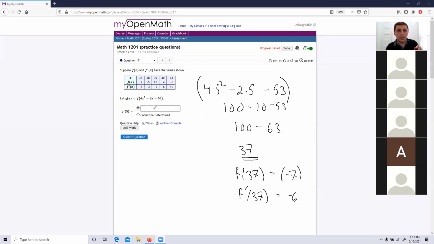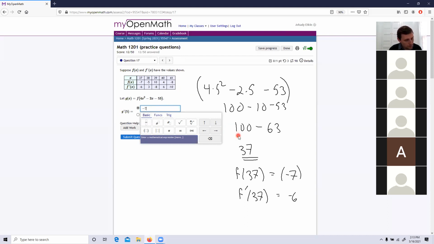So what do we write here? We can write here simply minus 7. So g is just f of 37. So sorry, not minus 7. So we want to take g prime of this value.